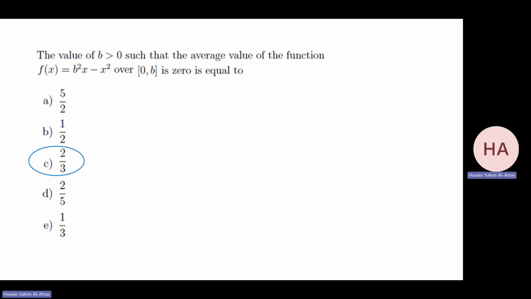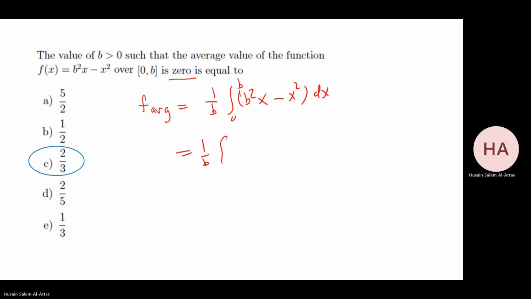Okay. The value of B so that the average value is 0. The same thing, the average will be 1 over B, integral from 0 to B of B squared x minus x squared dx. That will be 1 over B. This is what?